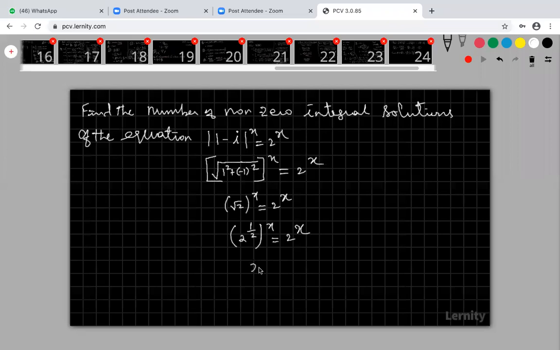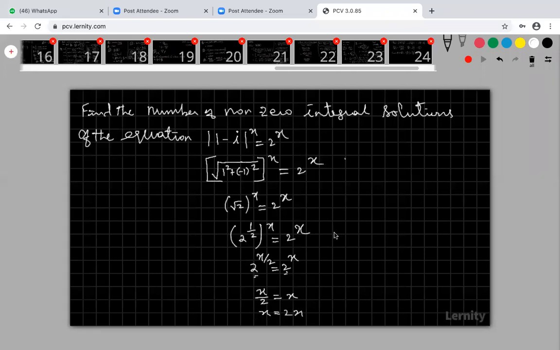So now look at that. My 2 power x by 2 equal to 2 power x. Both the sides my base is same. Base is same means the power is also same. So x is equal to 2x.